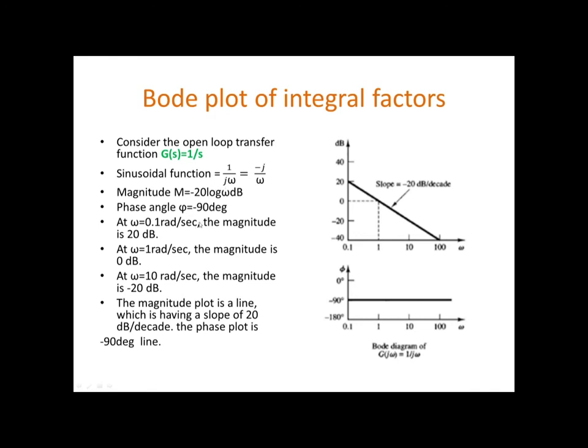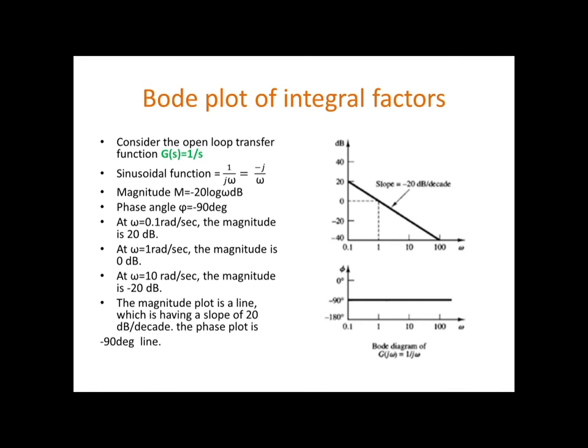So the angle contribution will be minus 90 degrees. And the magnitude in dB will be minus 20 log omega. Actually it is 20 log of 1 by omega, and due to that 1 by omega it becomes minus 20 log omega. So now the phase angle is minus 90 degrees.